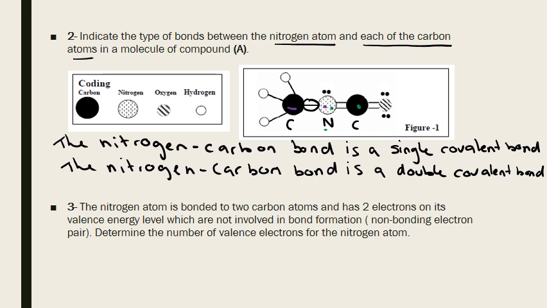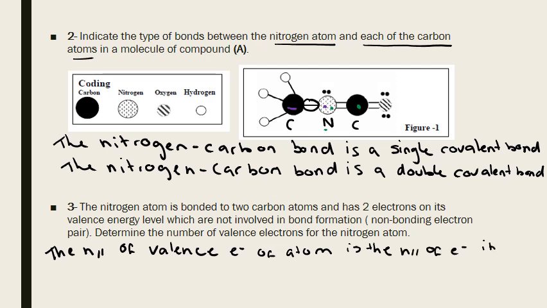Then it says the nitrogen atom is bonded to 2 carbon atoms and has 2 electrons in its valence energy shell, which are not involved in the bond formation, a non-bonding electron pair. Determine the number of valence electrons of the nitrogen atom. The number of valence electrons of an atom is the number of electrons in its outer energy level or shell.